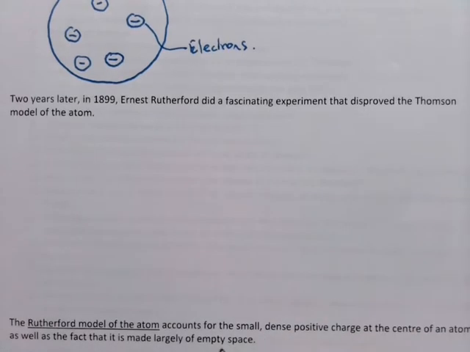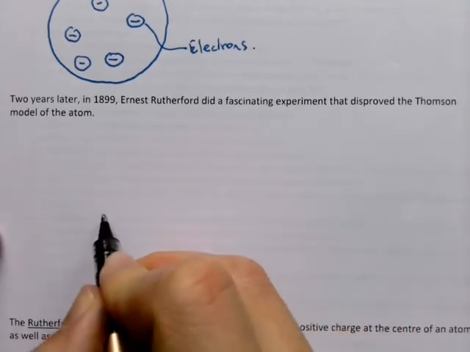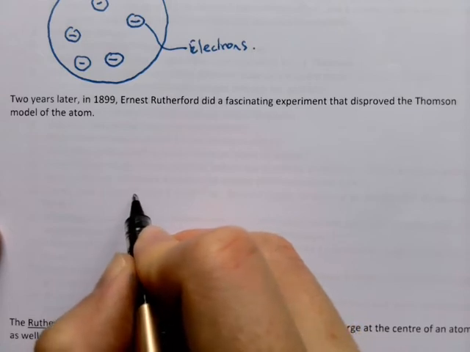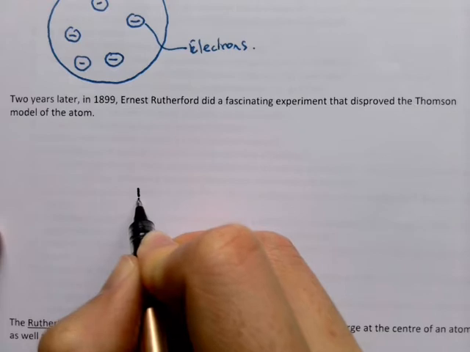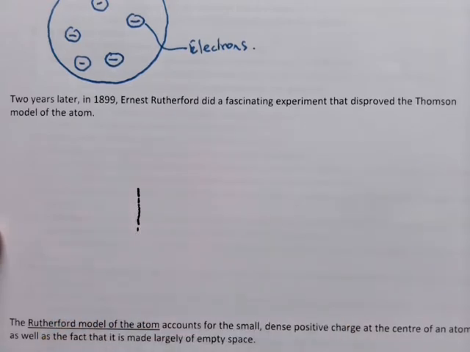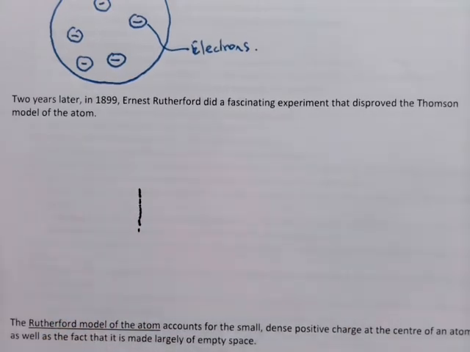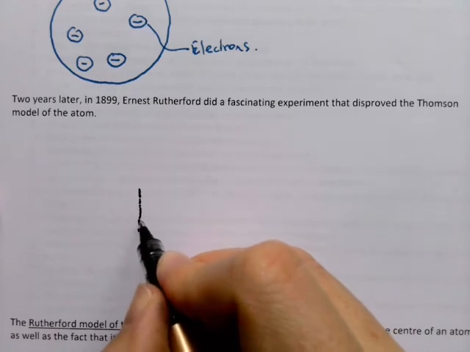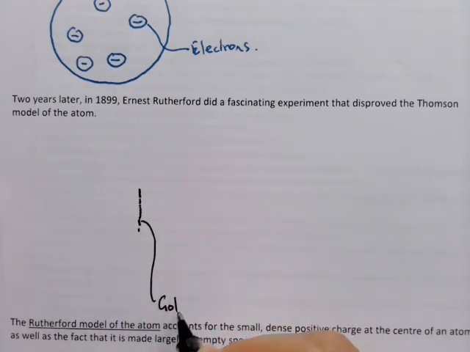So what he did was, he took a very, very thin piece of gold. We're going to call it gold foil.